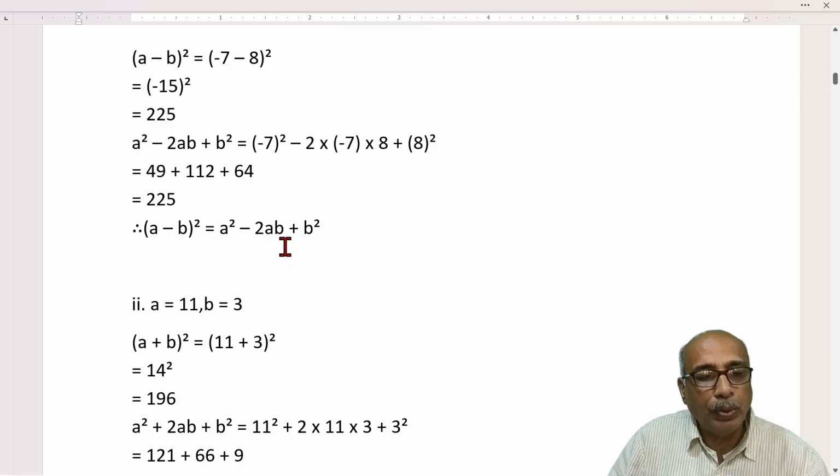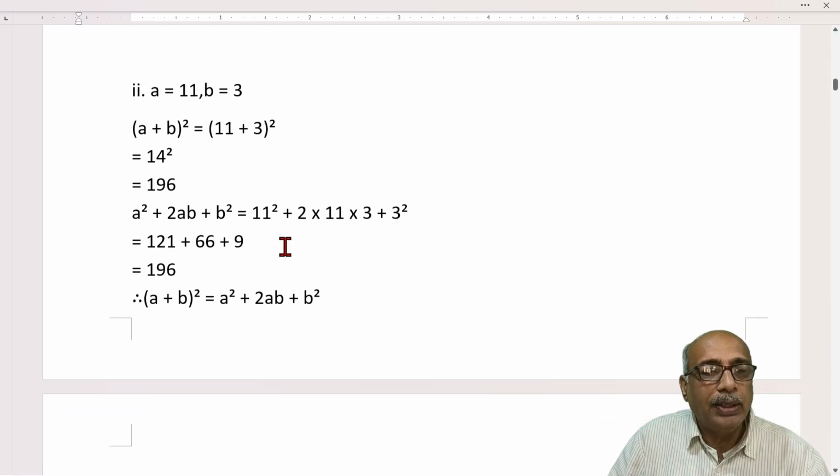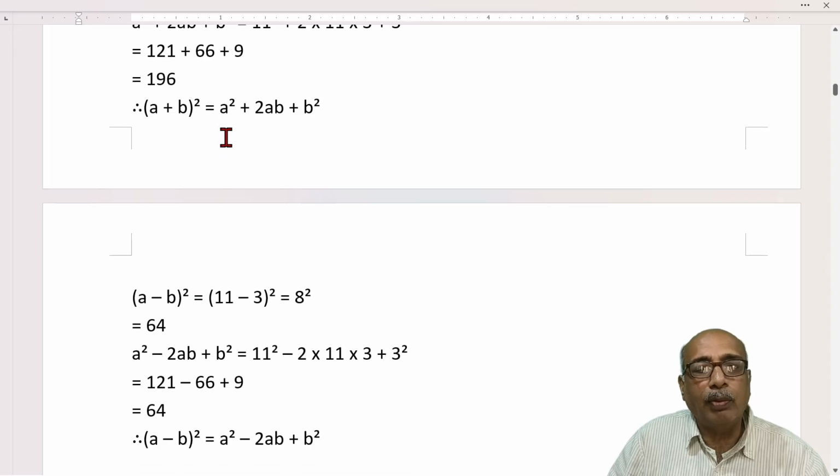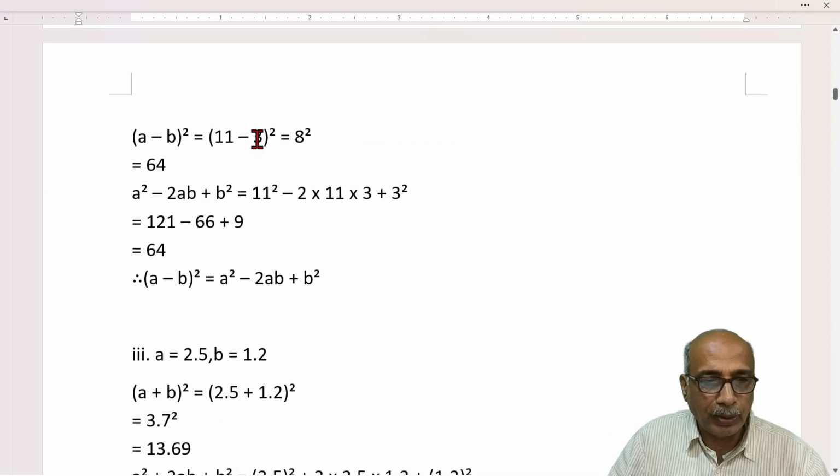Similarly, a equals 11, b equals 3. Calculate this: (a plus b) whole square, 11 plus 3 equals 14 square, 196. Substitute in the expansion a square plus twice ab plus b square, a and b values, and simplify, you will get 196. Therefore, (a plus b) square equals a square plus twice ab plus b square.